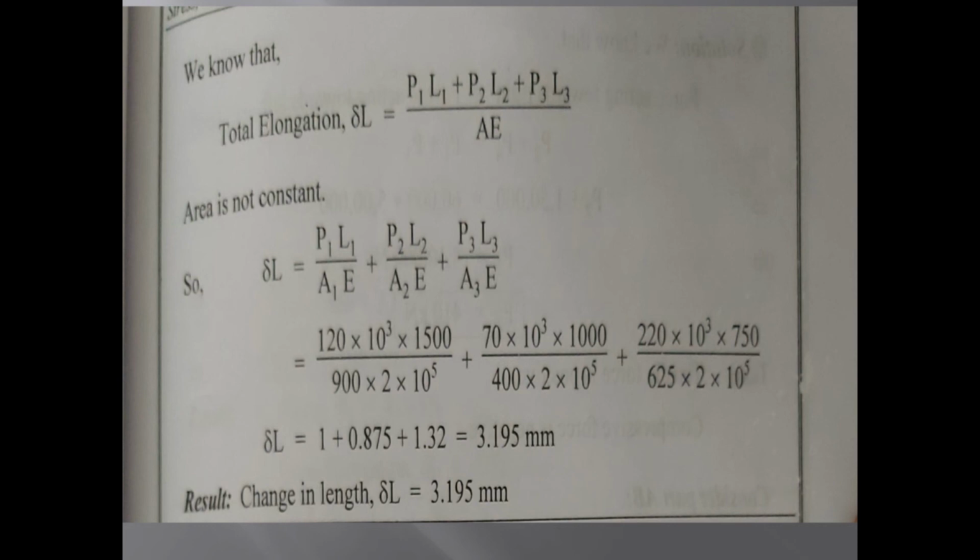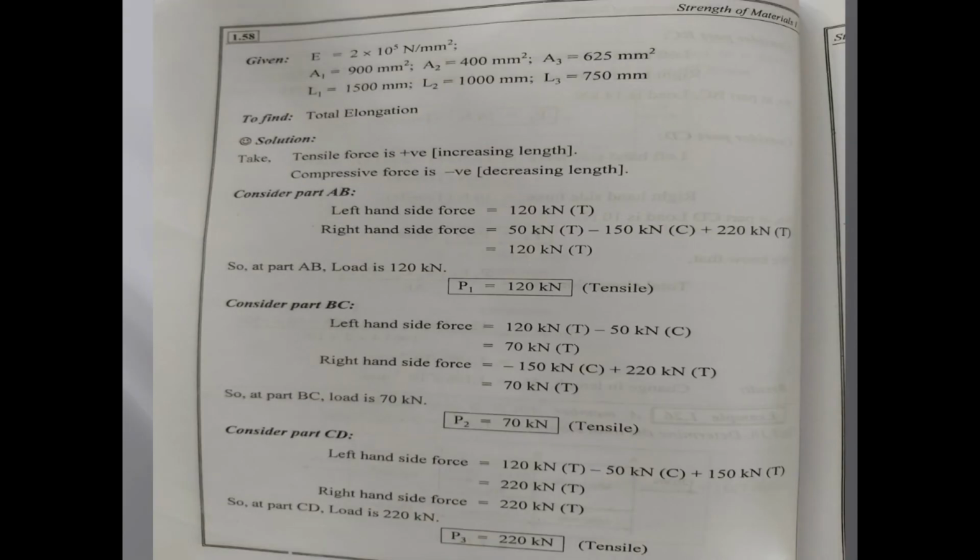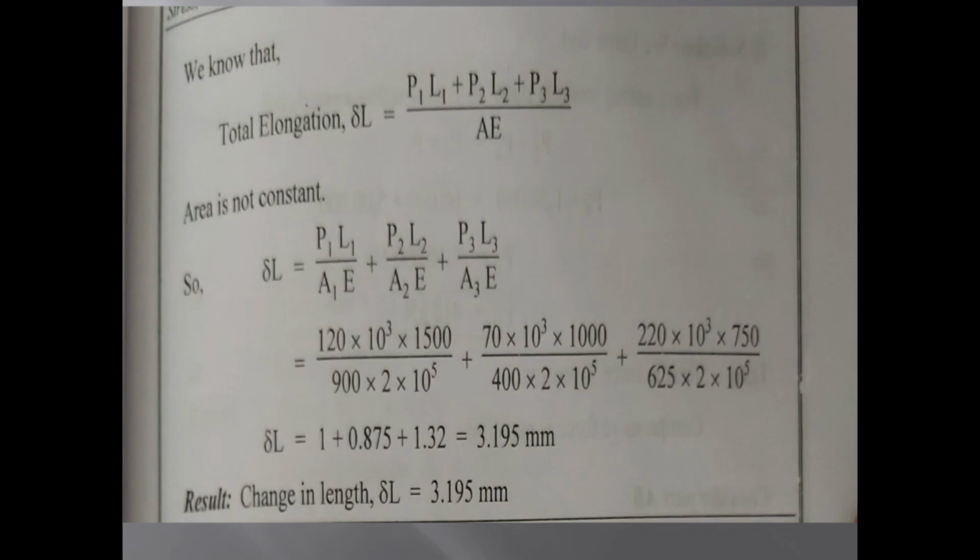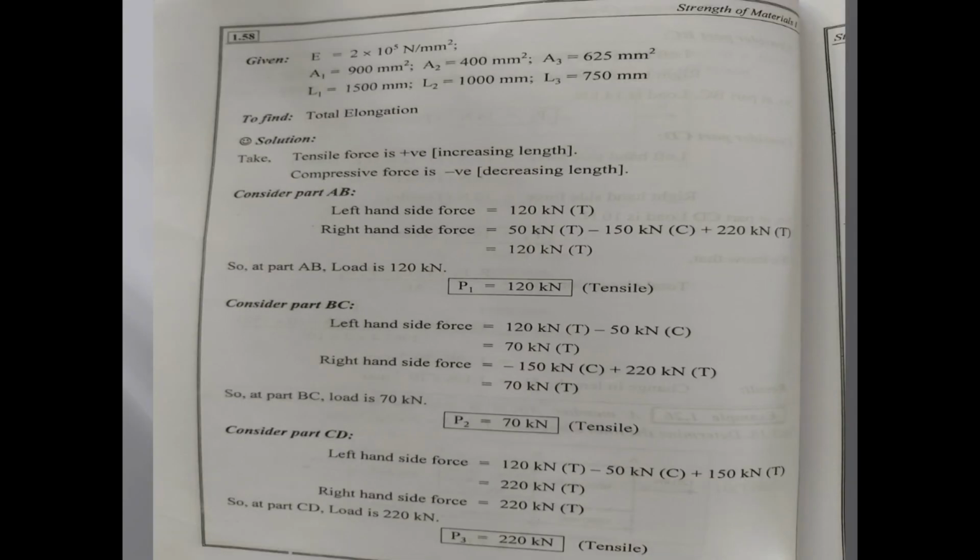Okay, here del L equal to P1 L1 by A1E plus P2 L2 by A2E plus P3 L3 by A3E. Here we have P1 equal to 120 kilonewton. We want to convert kilonewton into Newton, which means multiplying by 10 power 3.